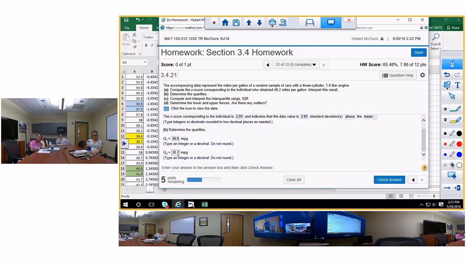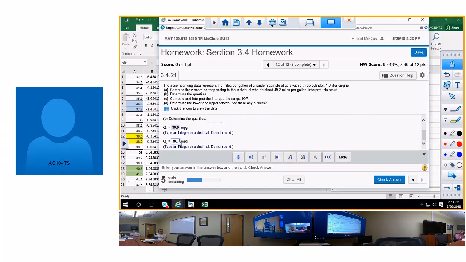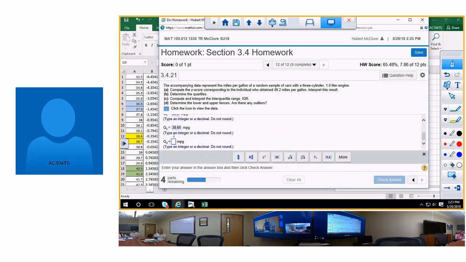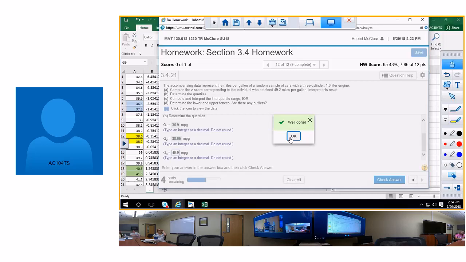Okay, 38.65. 0.65. And what was the third quartile? 40.9. Now what are they going to ask?